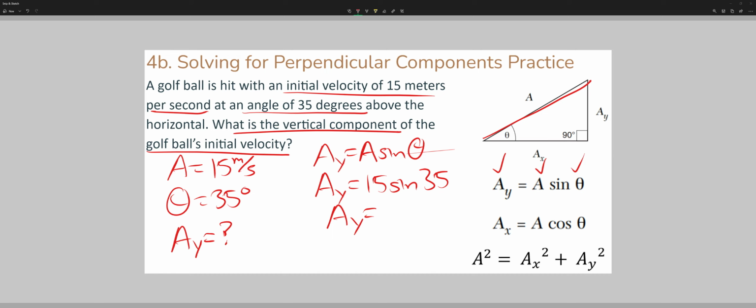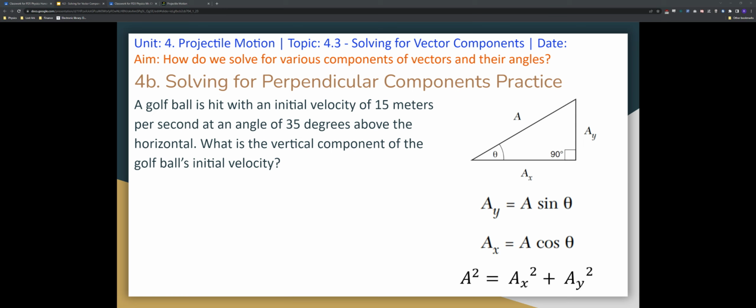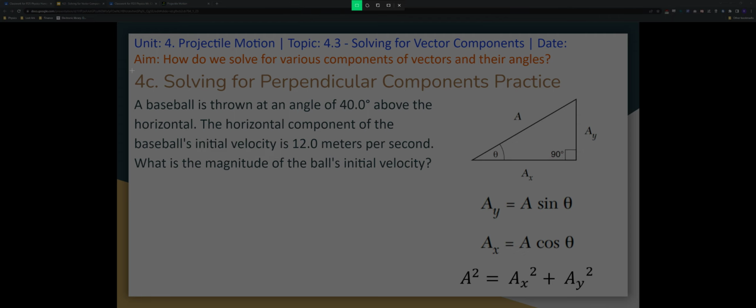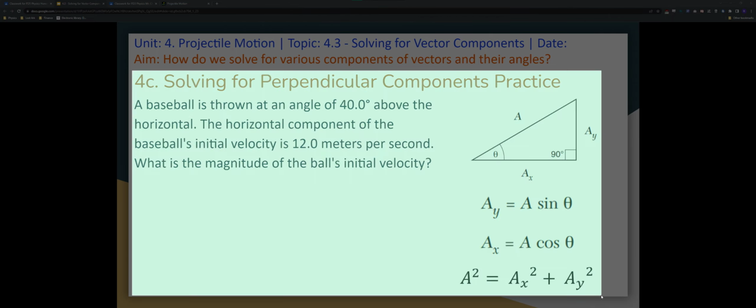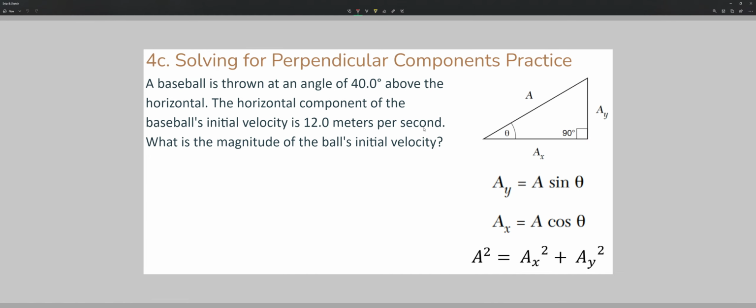Let me just check, yes, it is 8.6. So we get 8.6 meters per second here. Again, make sure you're using degrees. All right, let's move on. And if you didn't catch that, I would definitely rewind the video and pause for however much time you need.